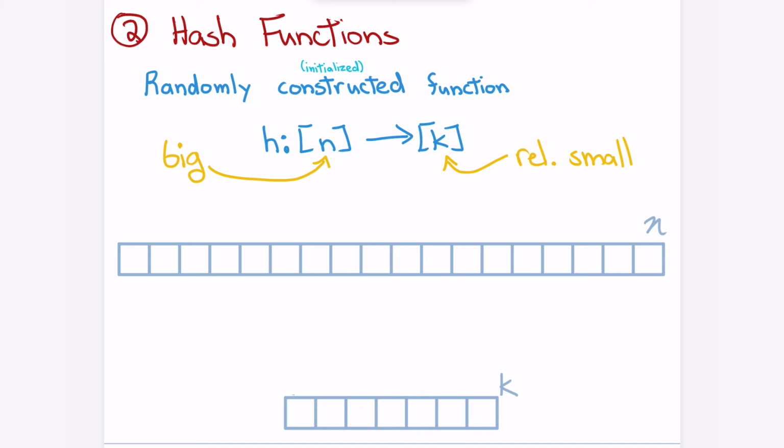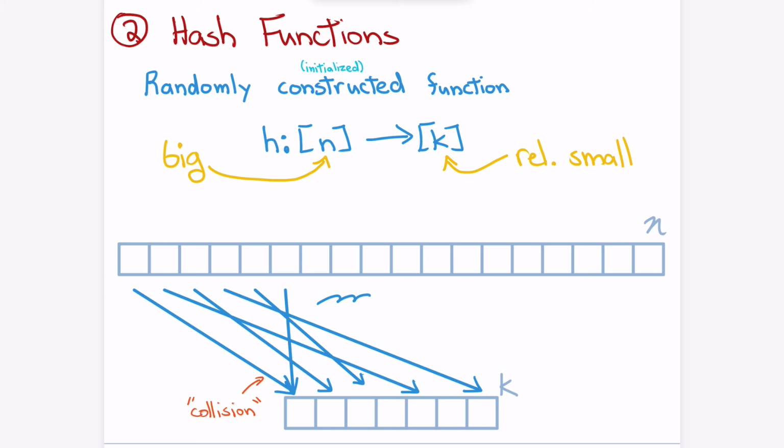But at least today, we're going to go from a big space of integers to a relatively small space of integers. The general idea is that it should be like a random-looking function from the many-integer space to the relatively small space. That also means, just by pigeonhole, that you're inevitably going to get lots of numbers that map down to the same number in the smaller space. These are called collisions.